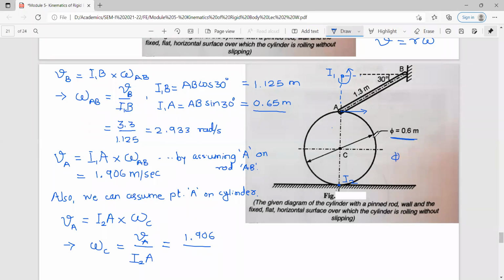See, this length it is showing. Phi is the diameter, 0.6 meter. So I2A is 0.6. That will give me the value of omega C.